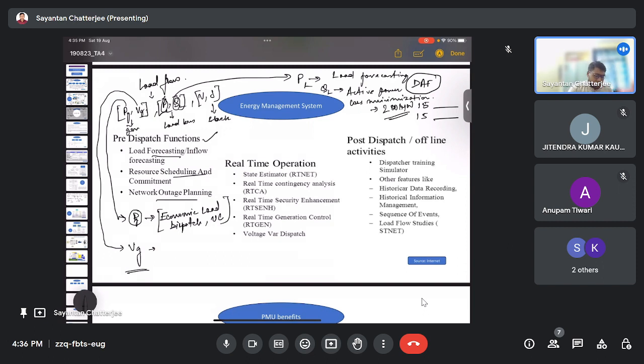Okay, so these are the prior exercises that are performed before the next day's entire load scheduling.